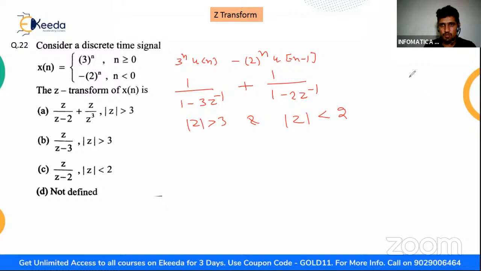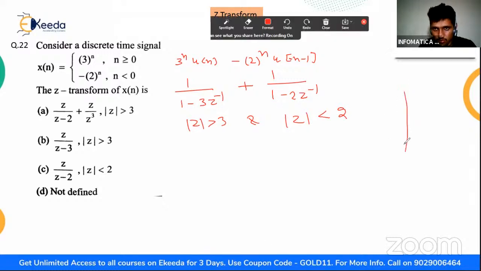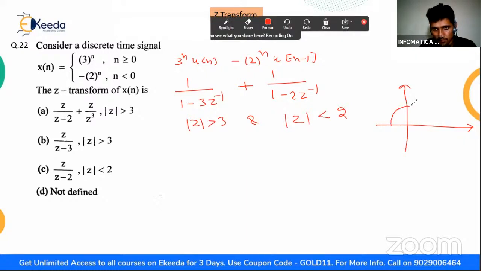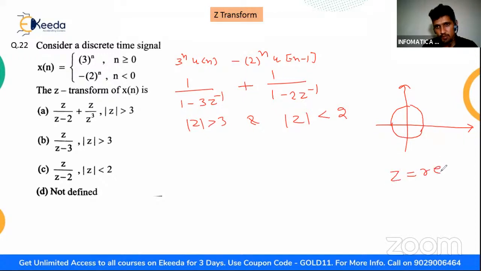In Z transform we draw these ROCs in circular or ring form, because this is basically defined by z, a circle. z is basically r e raised to the power j omega, like that.